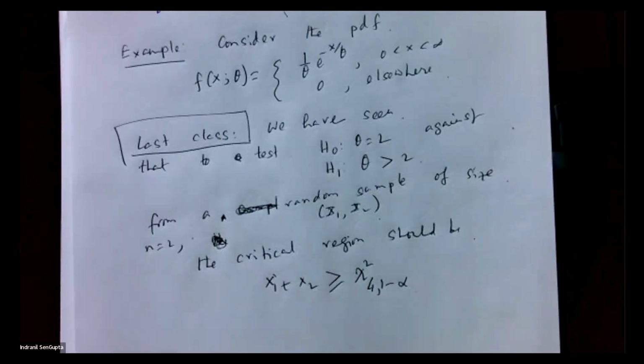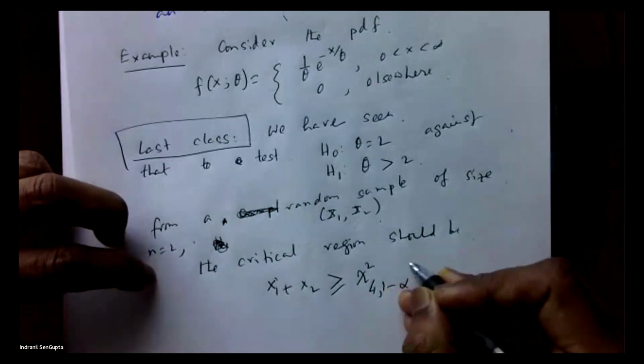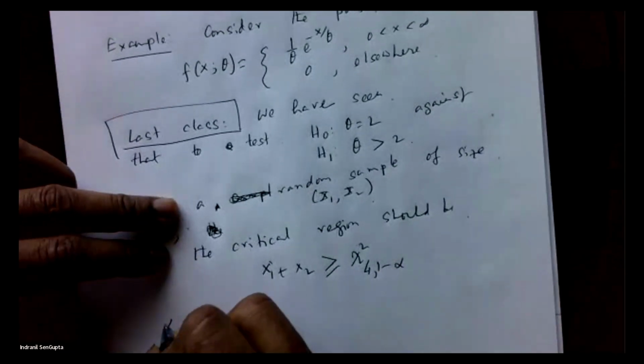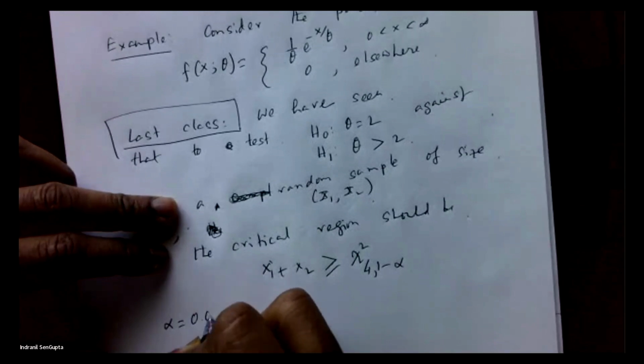Now let's see if we can set up some alpha value. Suppose alpha is 0.05.